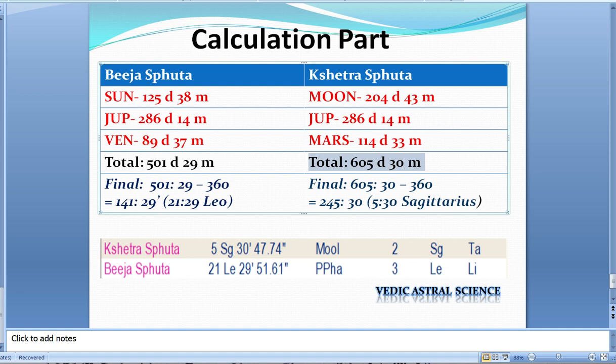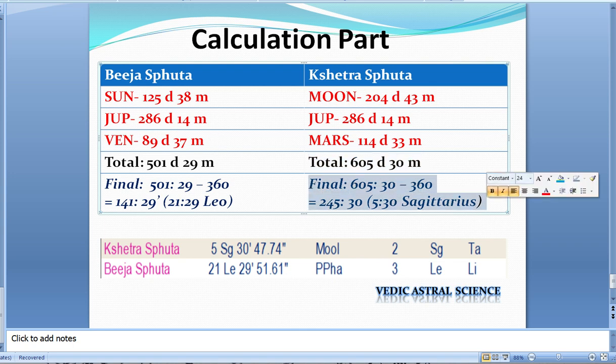So again the resultant has exceeded the 360 degrees mark. We have to subtract 360 degrees from the sum total, and we finally obtained 245 degrees and 30 minutes.